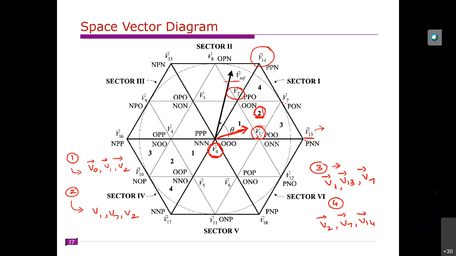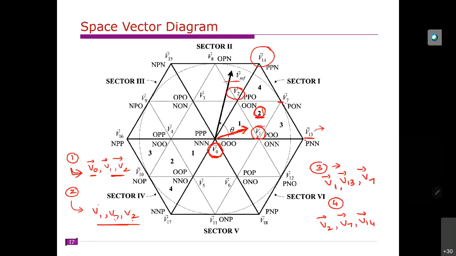If you notice region 1, you have one zero vector and 2 small vectors. V1, V2 are the small vectors. In case of region 2, it is V1, V7 and V2. V1, V2 are the small vectors and V7 is the medium vector.